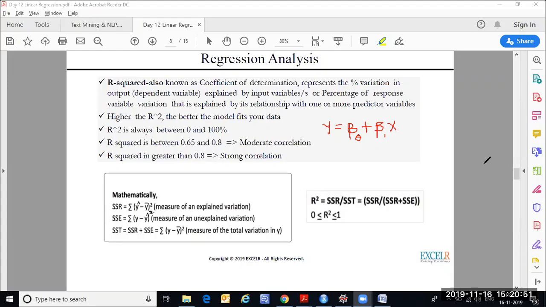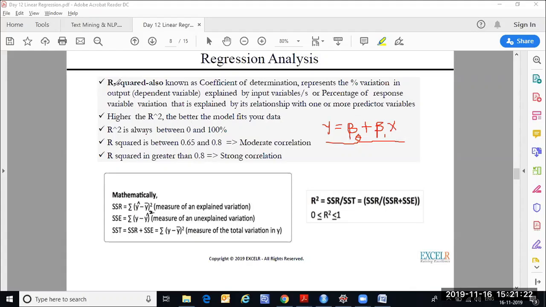But how do we determine the effectiveness of the line that you are coming out with for your predictions? This is the equation that you're going to rely upon to predict the y value based on the intercept value, beta 1 coefficient, and x value. How do you know the effectiveness of that equation or the line that you are finalizing based on the OLS technique?